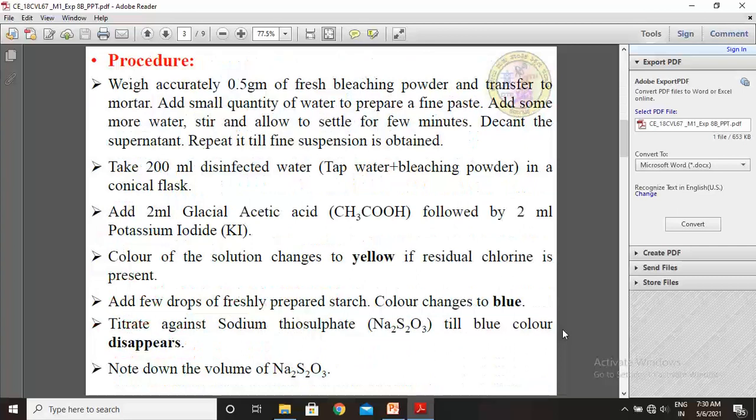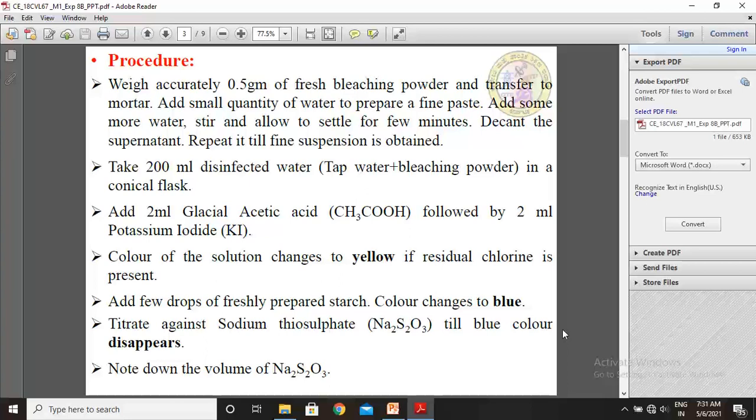Next, procedures. How to execute these experiments? First step, weigh accurately 0.5 gram of fresh bleaching powder and transfer to mortar. Listen once again.